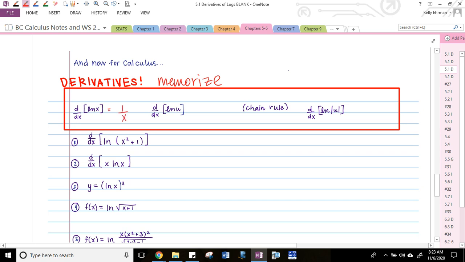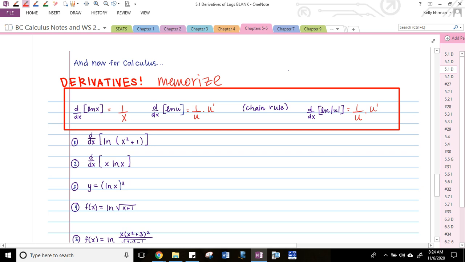And the derivative of the natural log of u, so something more than just x, like 2x or x squared or whatever, is equal to 1 over u, but then you have the chain rule, so times u prime, whether that's 2 or 2x or whatever. And then the natural log of the absolute value of u would still be equal to 1 over u times the derivative of u.